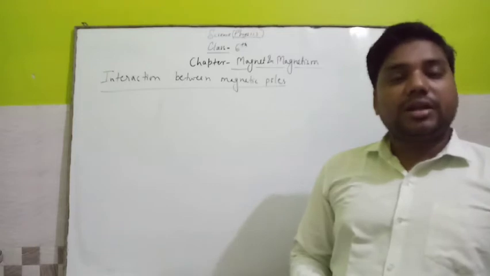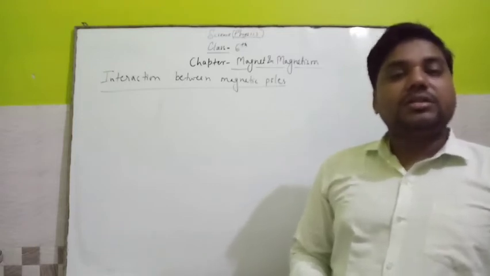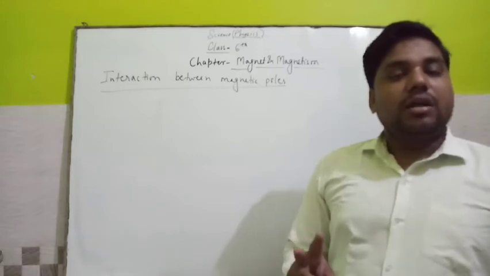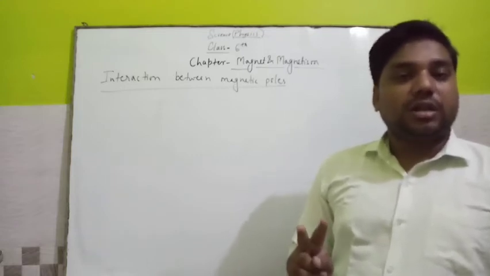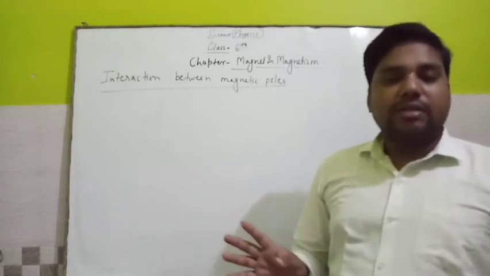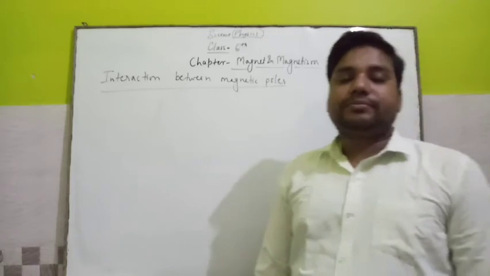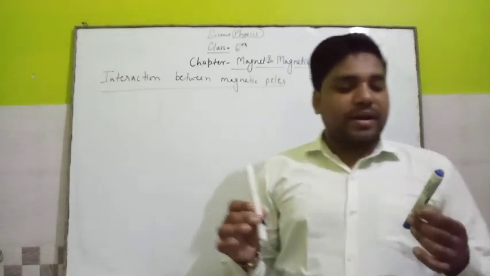Then what is the interaction? How do they interact with their poles? There are two poles and they interact with the other magnet. Suppose you take two magnets.